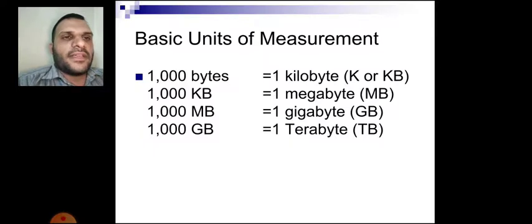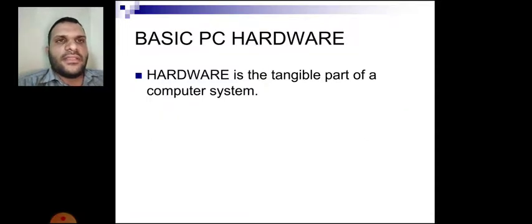Actually it is not 1000 bytes, it's 1024 bytes. Okay, 1024 bytes equal 1 KB, and 1024 KB equal 1 MB, and 1024 MB equal 1 GB, and 1024 GB equal 1 terabyte or 1 TB. Okay, those are the basic units of measurement.